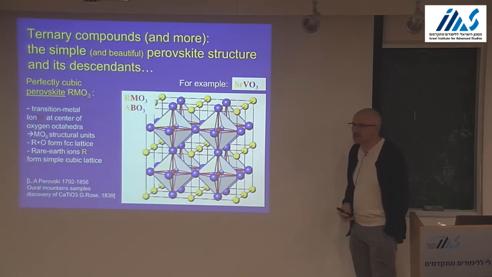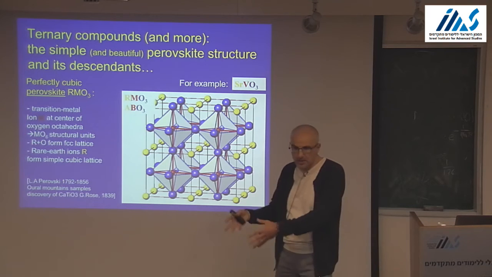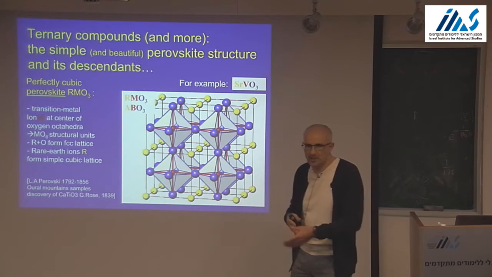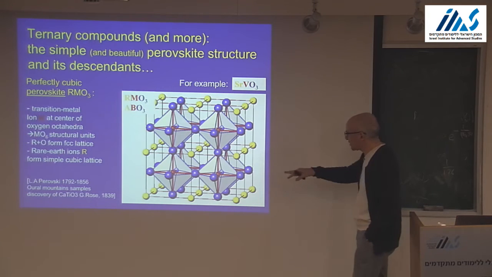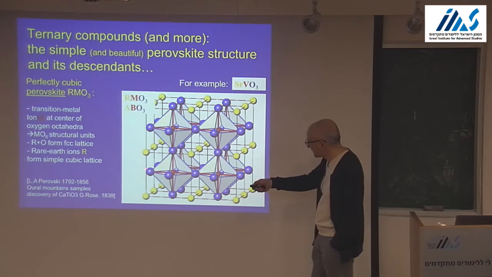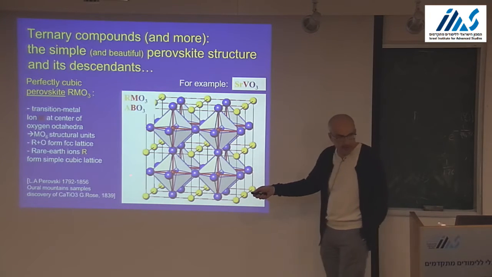More often than not, this cubic symmetry is actually broken by rotations and tilts of these octahedra, but let's stick to the simplest thing. So we have this perfect cubic lattice of octahedra with a transition metal ion encaged into this cage of 6 oxygens.